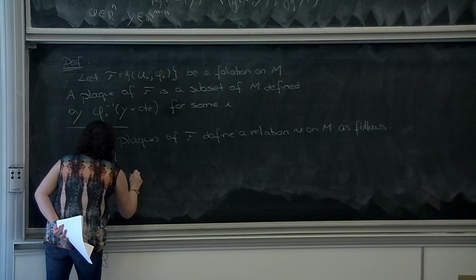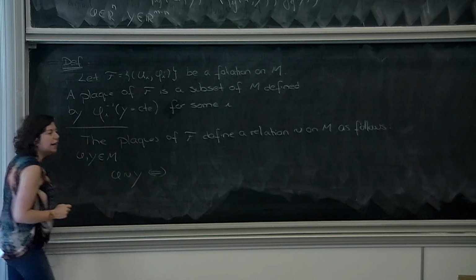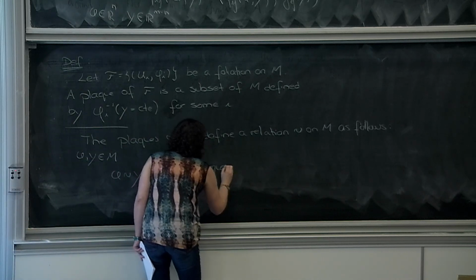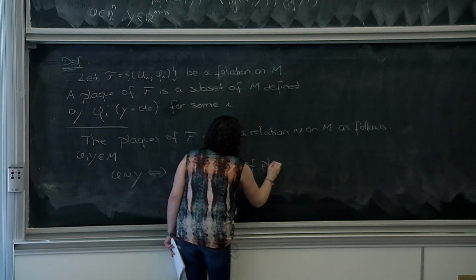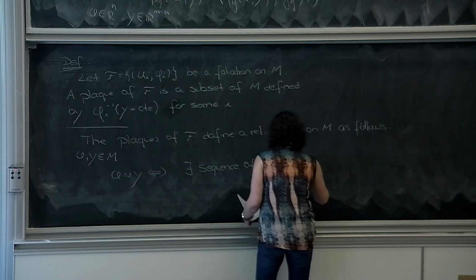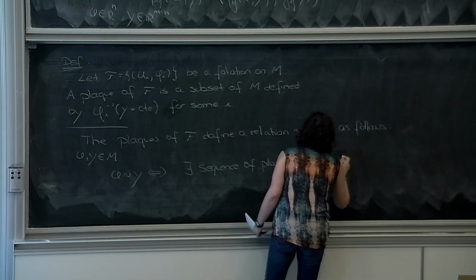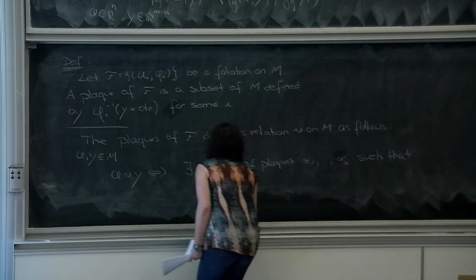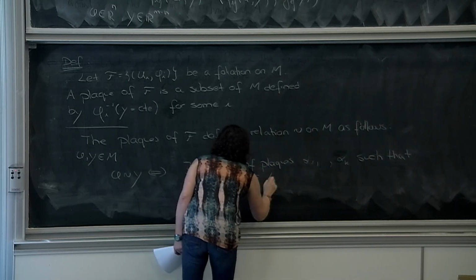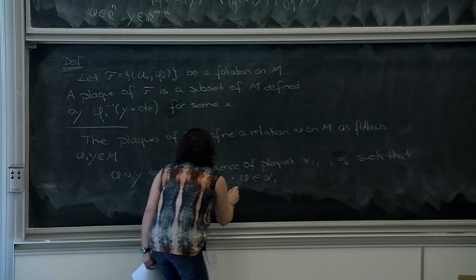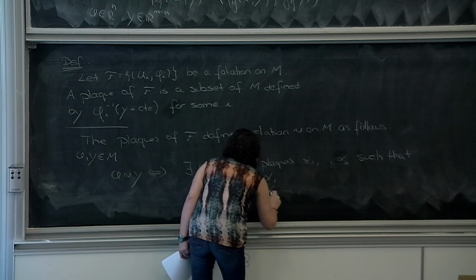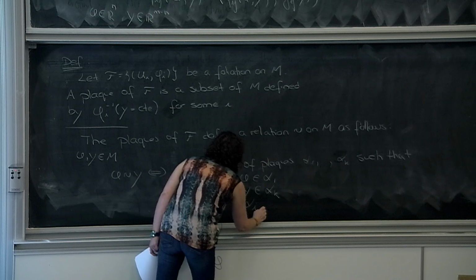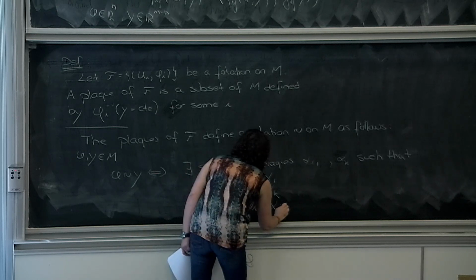But if they are not, we'll say that x is related to y if there exists a sequence of plaques, alpha 1 till alpha k, such that x belongs to the first plaque, y belongs to the last plaque, and two consecutive plaques have non-empty intersection.